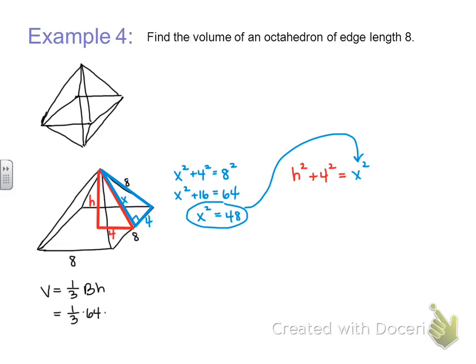Right? Is everyone following me right now? Okay. So what this leaves me with is I'm going to be putting in 48 for that x squared. And then I'm going to have h squared plus 16 equals. So I've now moved on to the red right triangle using the x squared that I had found for my hypotenuse.